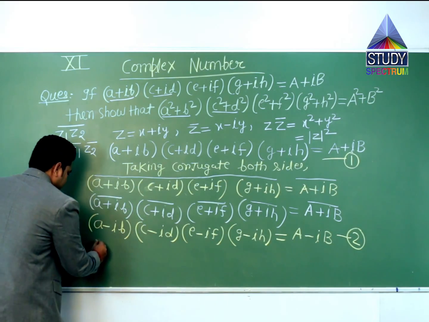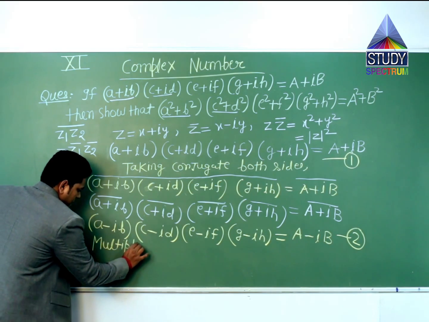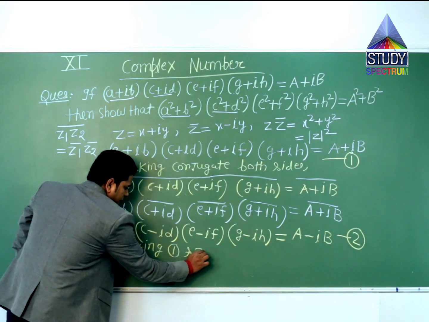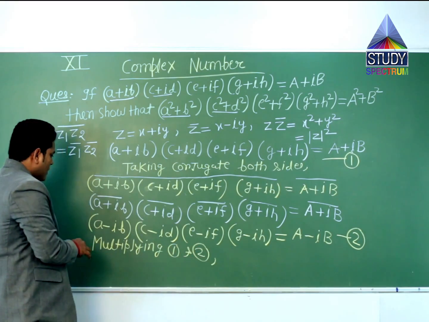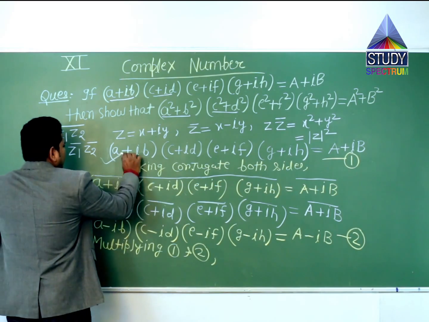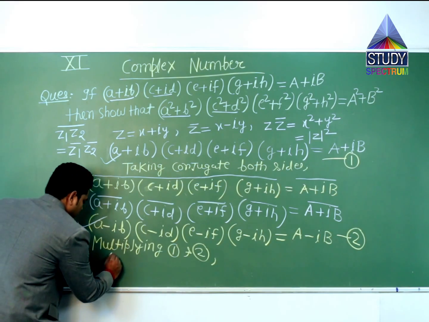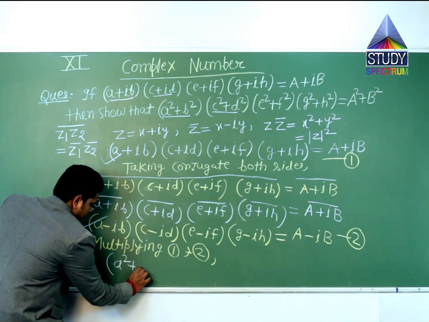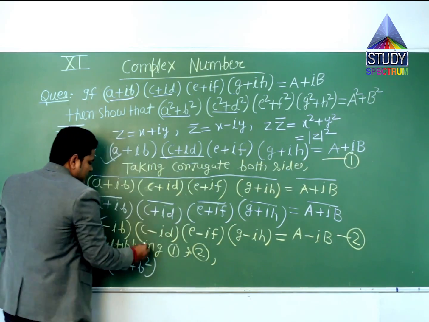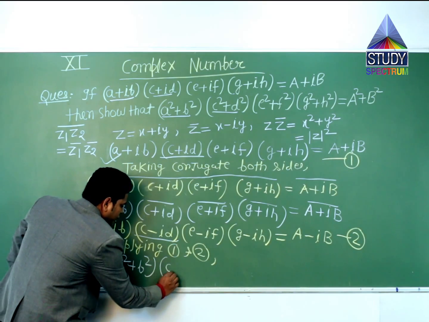So multiplying 1 and 2, when you multiply this term to this term, you are left with a square plus b square. So a square plus b square into, when you multiply c plus id and c minus id, you are left with c square plus d square.